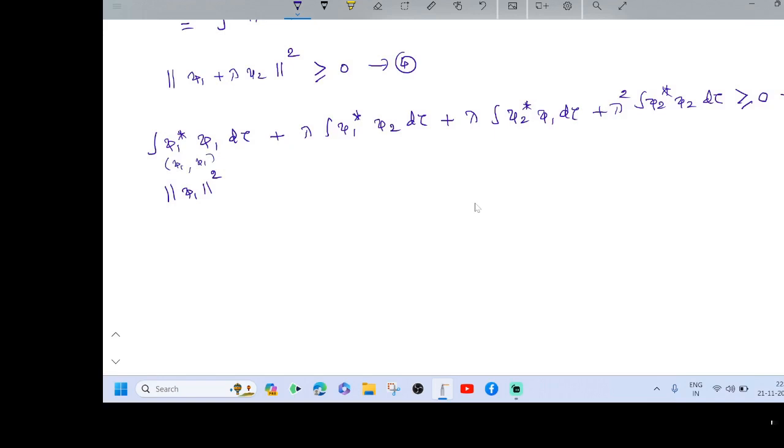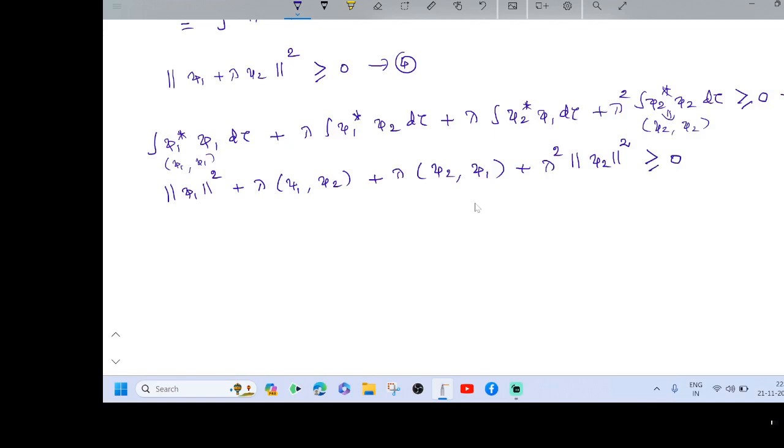Psi 1 comma psi 1 is norm square of psi 1 plus lambda into psi 1 comma psi 2 plus lambda into psi 2 comma psi 1 plus lambda square into norm square of psi 2, because this is actually psi 2 comma psi 2, is greater than or equal to 0. This equation 5 is modified in this form.